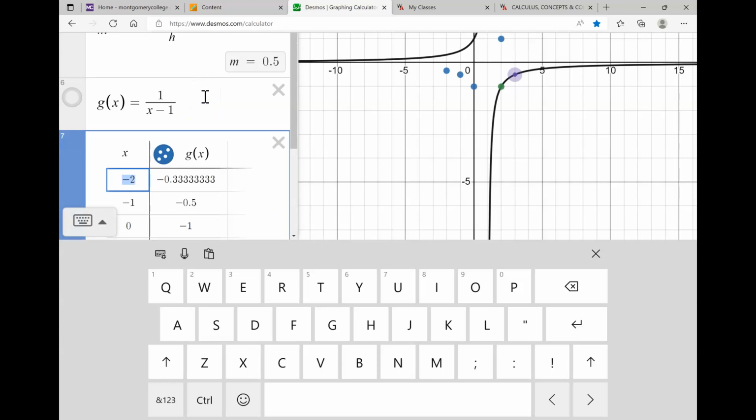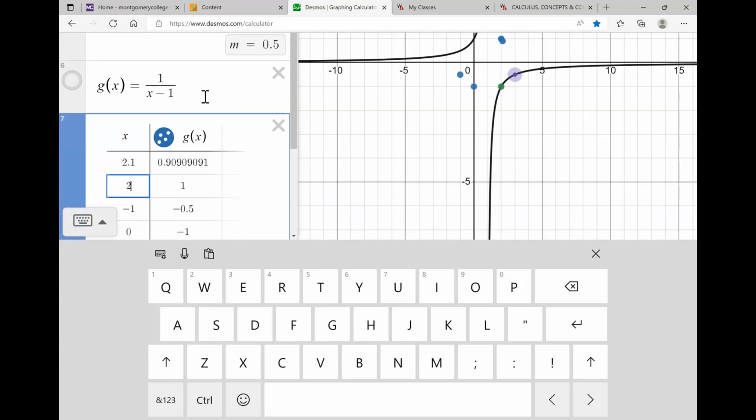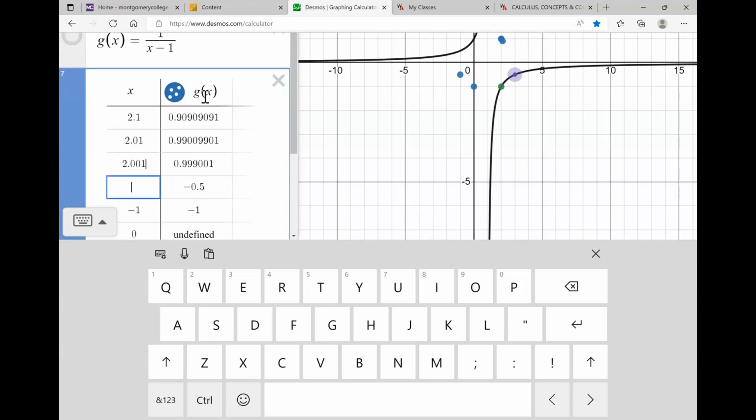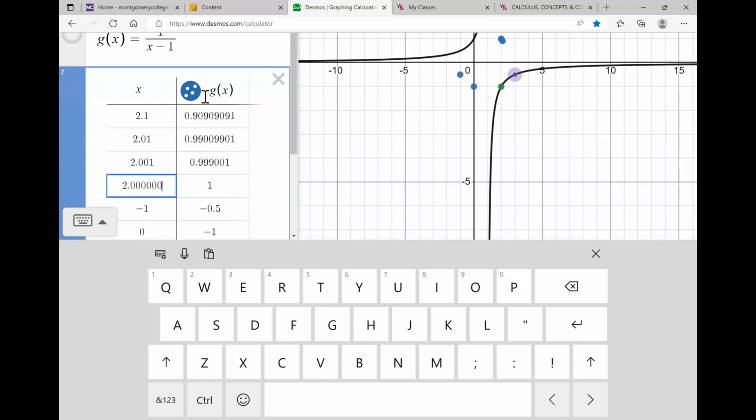So this is the slope of my secant line at 2.1, at 2.01, at 2.001. What are you guessing? 1, right? Yes, you with me? I'll do a crazy one just to see. 0.0000001. 0.9 repeating, so we know that's 1.